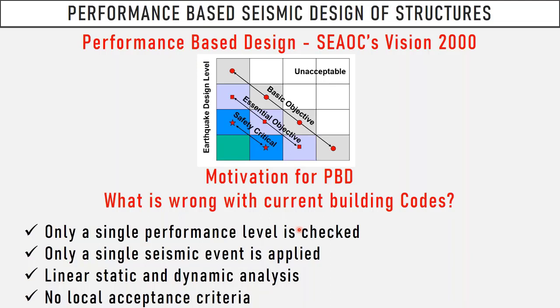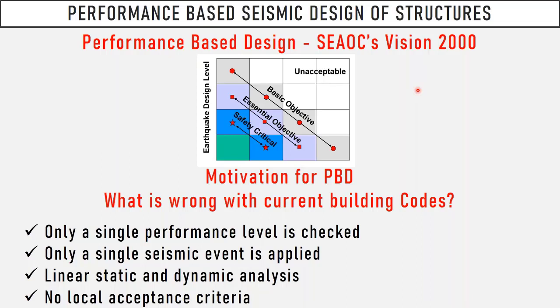And in California, the Structural Engineering Association of California introduced the very famous performance-based design philosophy, and they introduced the very famous matrix that relates the building behavior with the earthquake design level, or the earthquake input level.